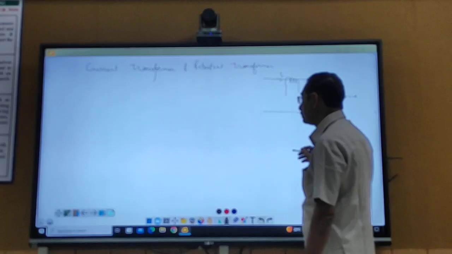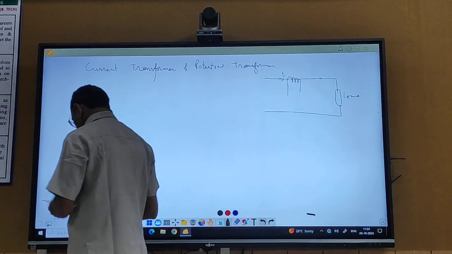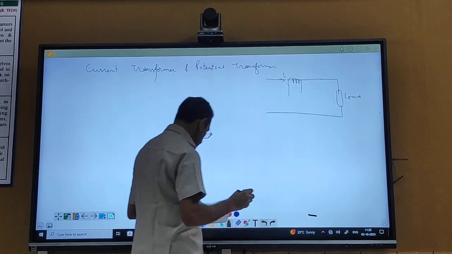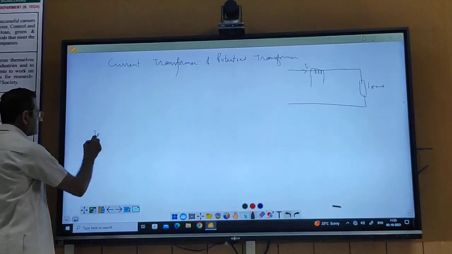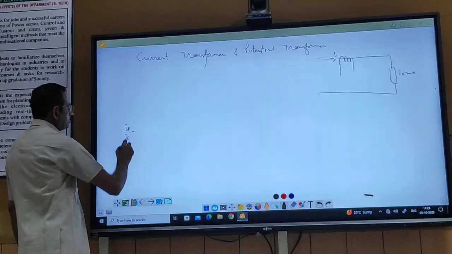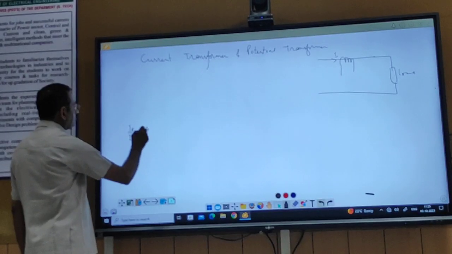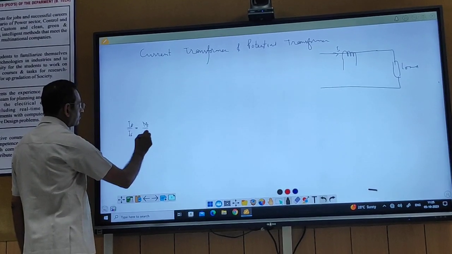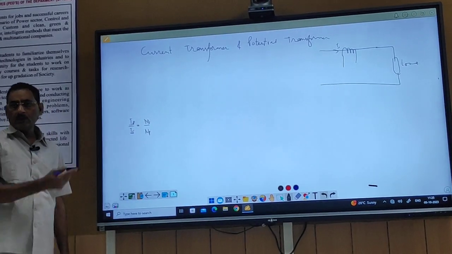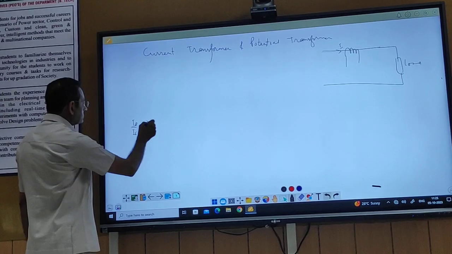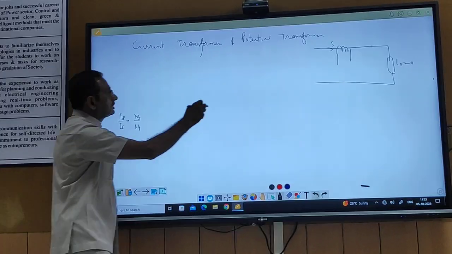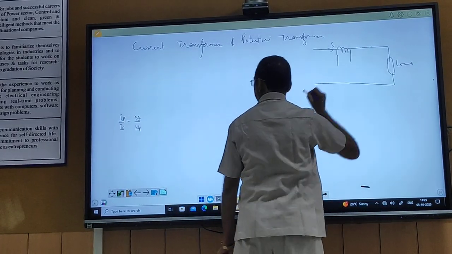Depending upon the turns ratio, we know IP by IS is equal to NS by NP. This is the same formula which we studied earlier also. NS is the number of turns on the secondary. Here the primary is a single turn, let it be 1.